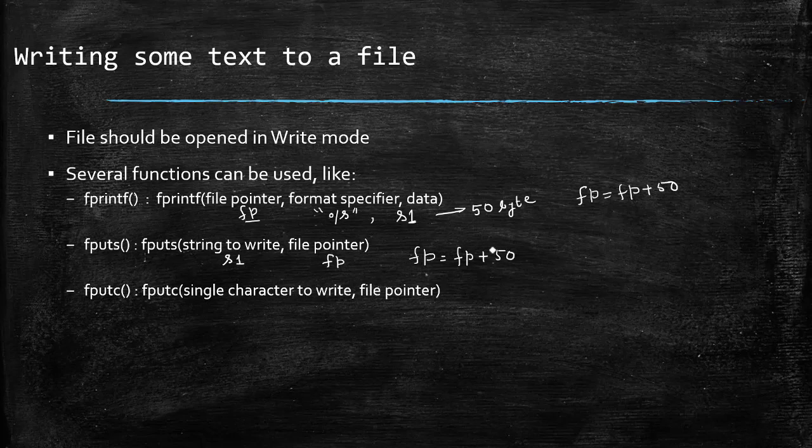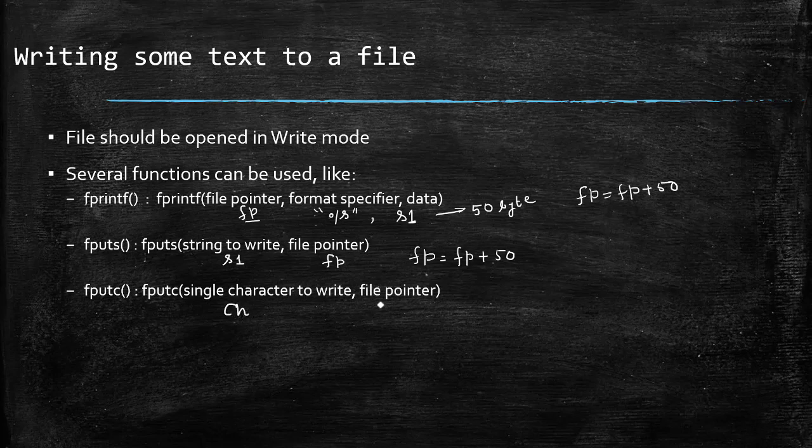Now in case of fputc, it puts the data character by character, so a single byte will be written, then the next byte, then the next byte. Suppose ch has the character which I want to write into the file pointed by fp.